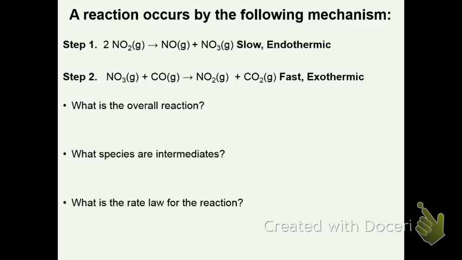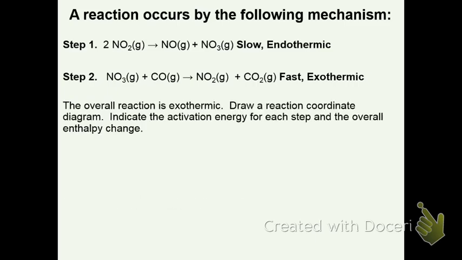So we basically want to be able to describe this mechanism through a reaction coordinate diagram. We're told that in addition to knowing the balanced overall equation, we know that the overall reaction is exothermic, and we want to draw an energy diagram for this.